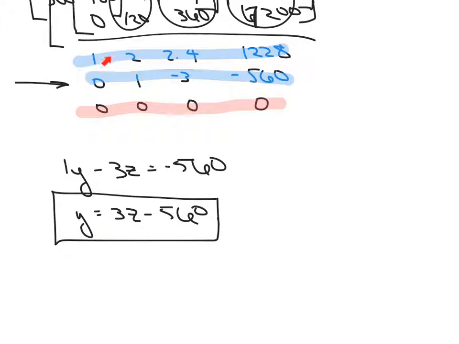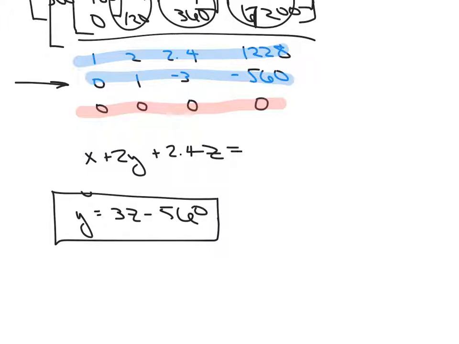No x's. Problem is up here in this first row, I have x plus 2y plus 2.4z equals 1228.